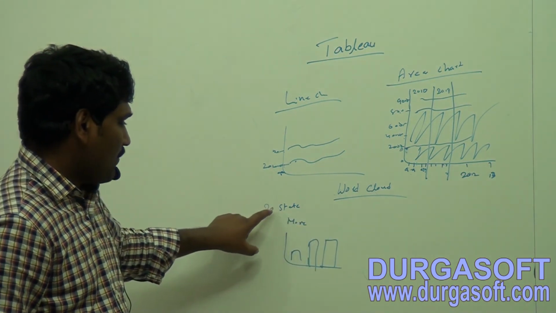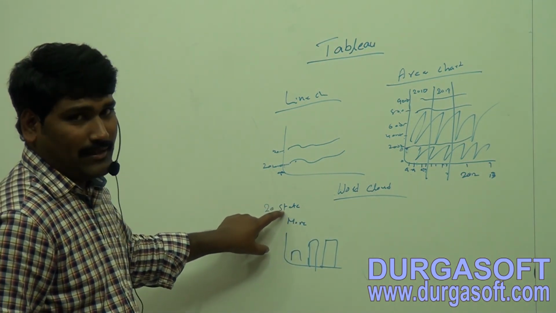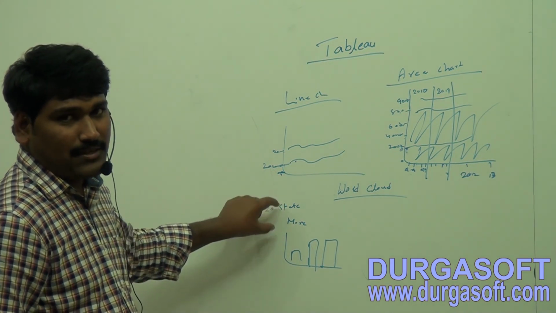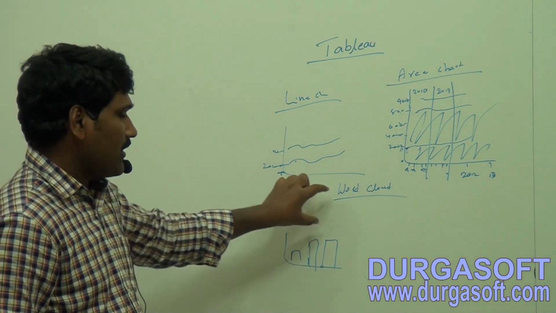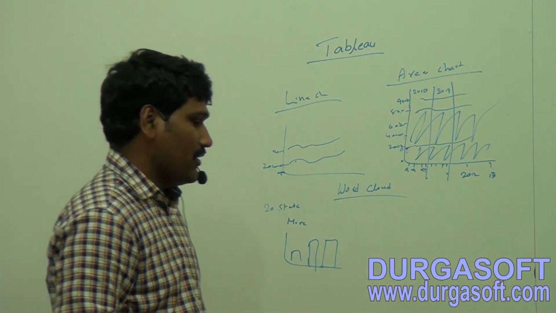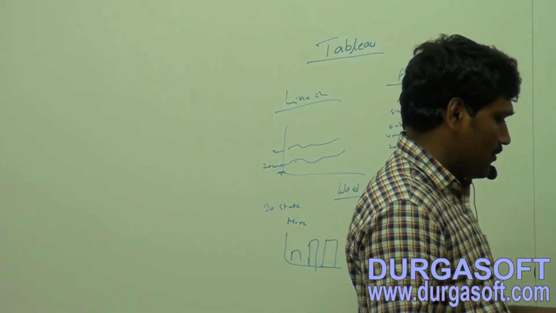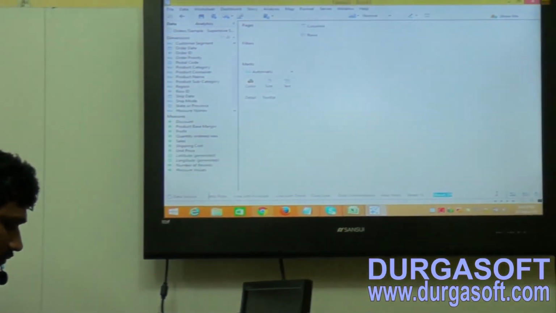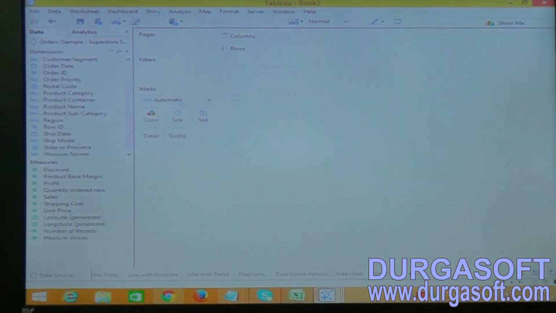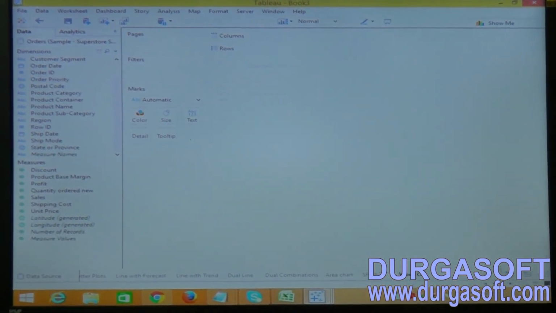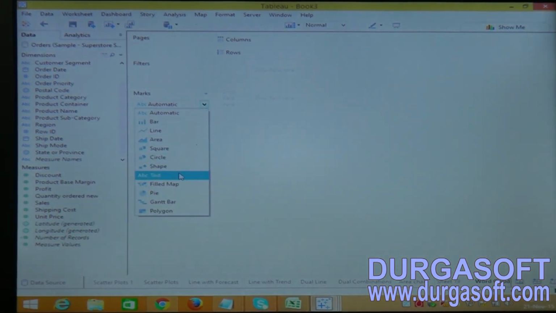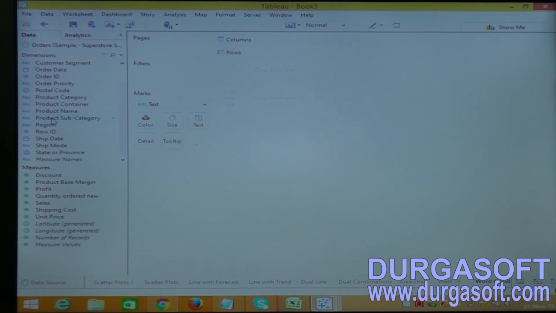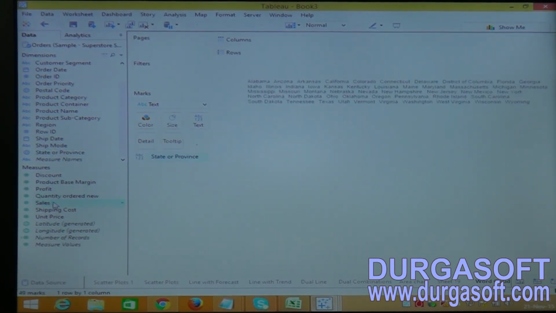But now I am applying the state as text, based on the size of the state name, and here I can understand how the sales happened. So to create the word cloud, select ABC and drag your state to the text and sales to the size.